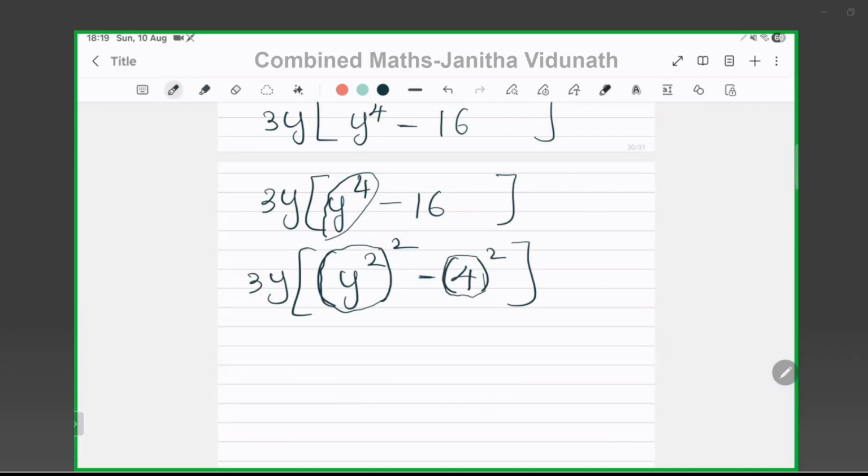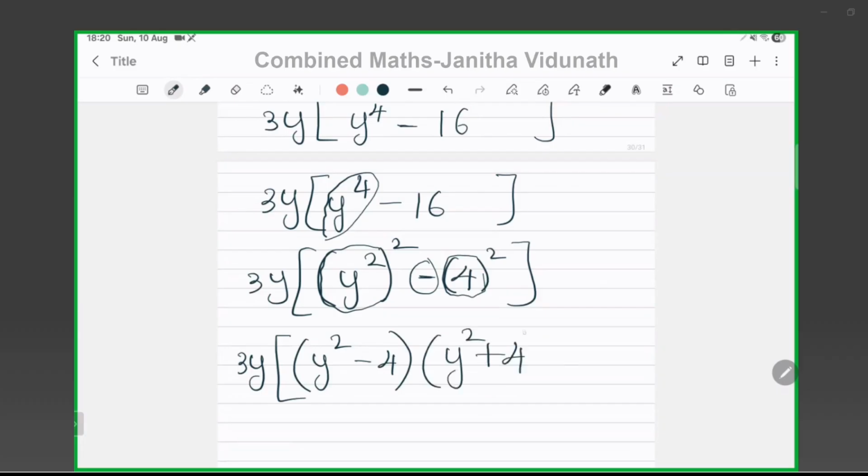Now we have two square terms and the middle sign is minus. Then we can use our factoring method of difference of two squares. We can write this as 3y times y square minus 4 and y square plus 4.